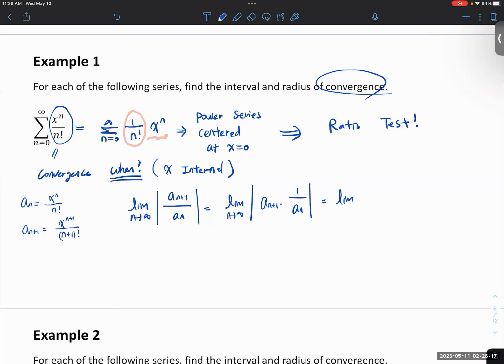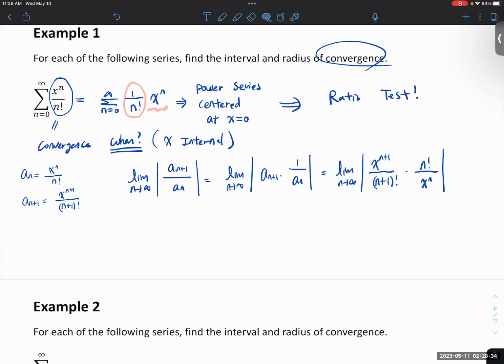So we have all the information: x to the n plus 1 over n plus 1 factorial times the flip of a_n, so n factorial over x to the n. We need to simplify this.